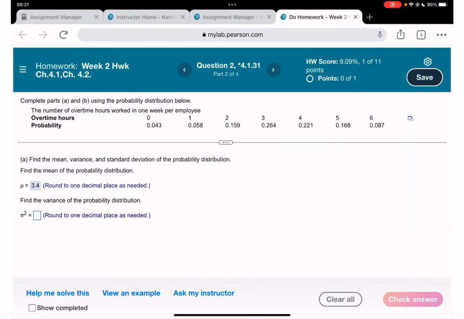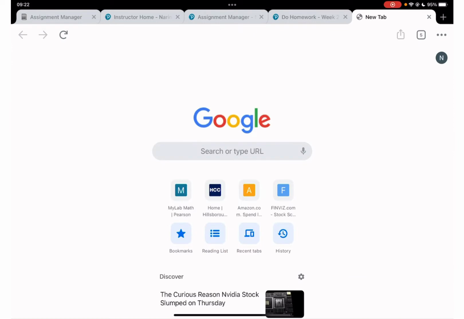Fantastic. Next, we need to find the variance. It's a little bit longer calculation, so I have prepared an online calculator. So let me go there.